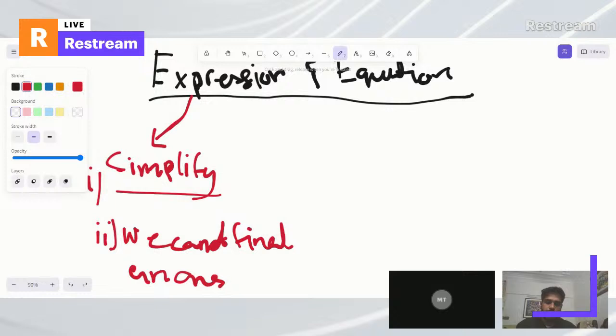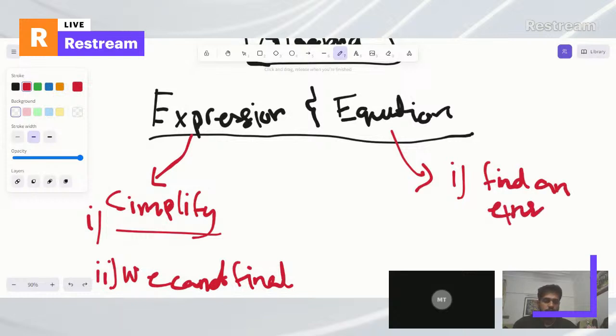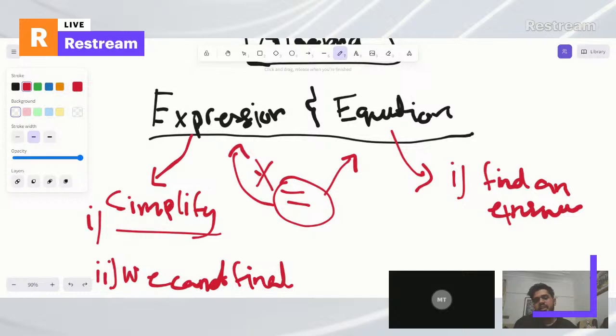But when we talk about an equation, we can find an answer to an equation, right? The most promising difference, which most of you have commented, is that there's an equals sign in an equation, and there's no equals sign in an expression.